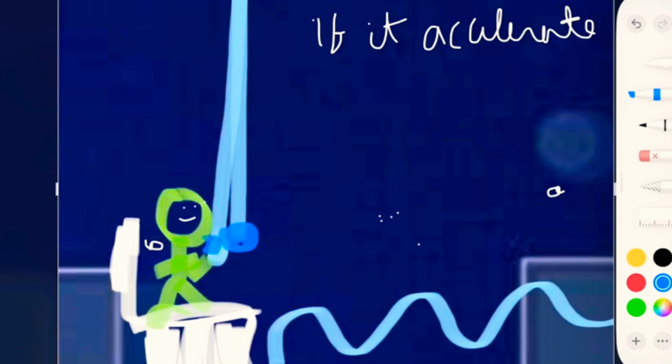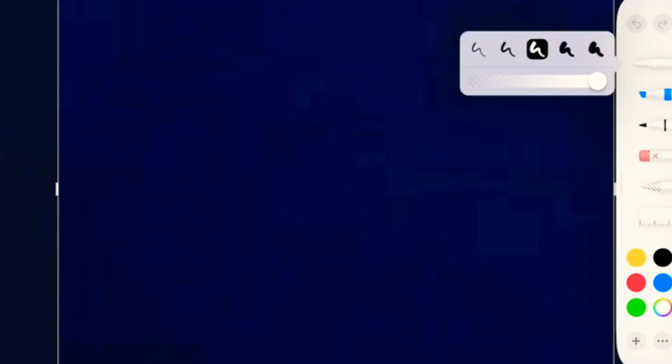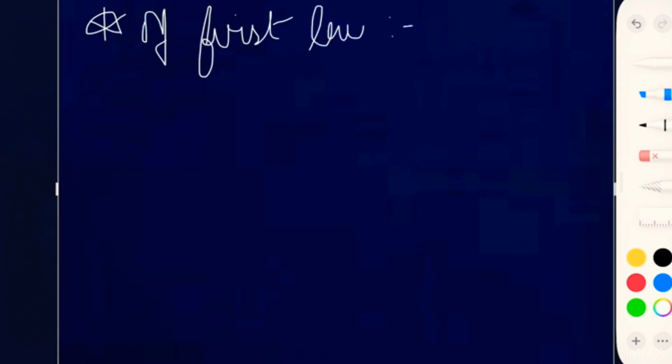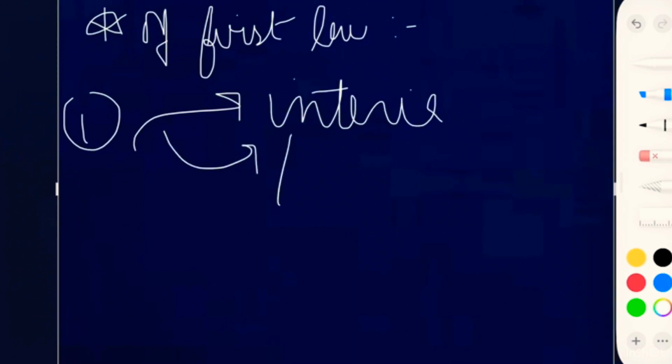What is the importance of the first law? Let's see. The importance of the first law: it gives the concept of inertia and force and helps us to decide.